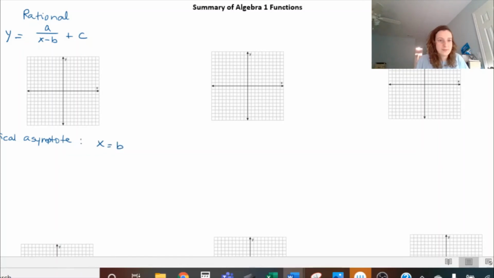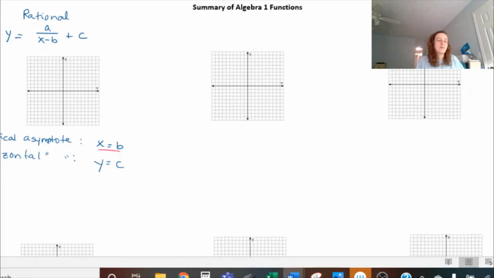So that comes from the denominator. Remember that x is equal to b, okay? And then your horizontal asymptote comes from that c value. Horizontal asymptote is going to be at y is equal to c, okay?